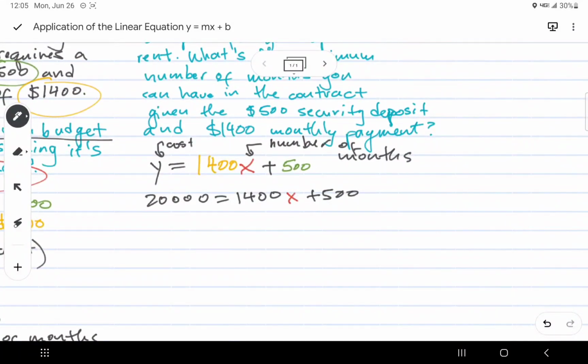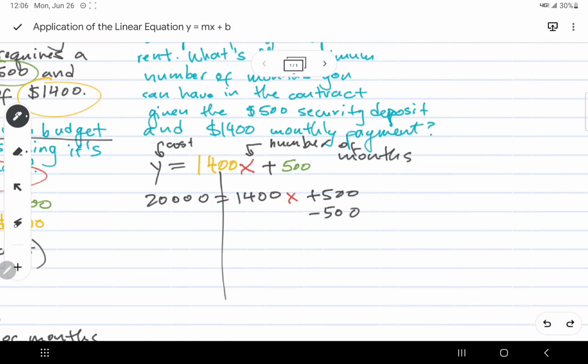Okay. So in this case, we do PEMDAS. We have 1400x plus 500. We do backwards or reverse of the order of operations. So it's adding 500 here, so we're going to subtract 500, and whatever we do on this right side, we also do on the left side, in which we draw the wall on the equal sign.